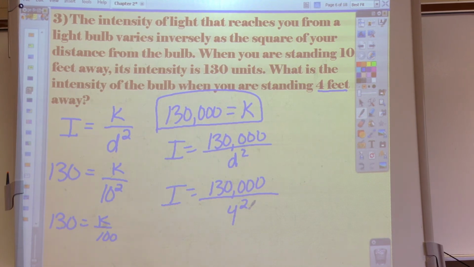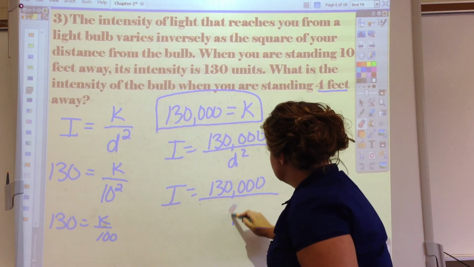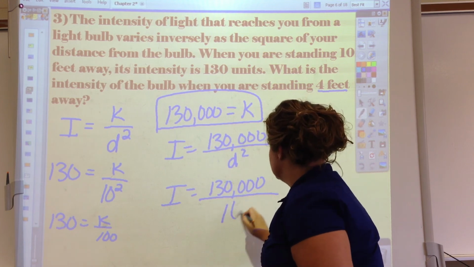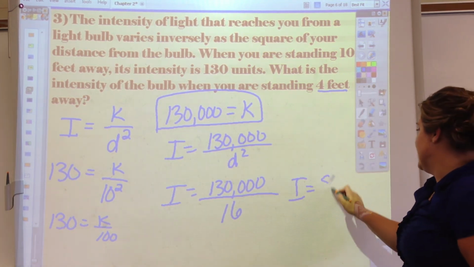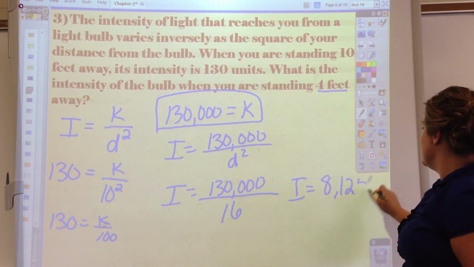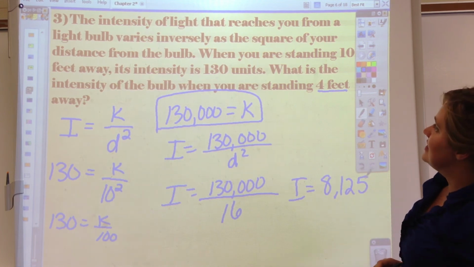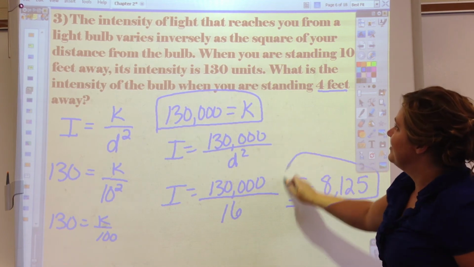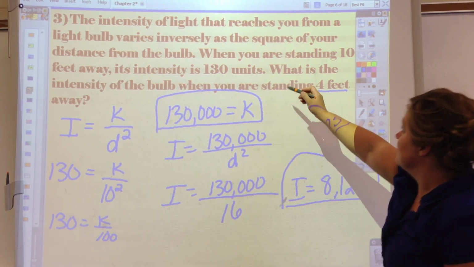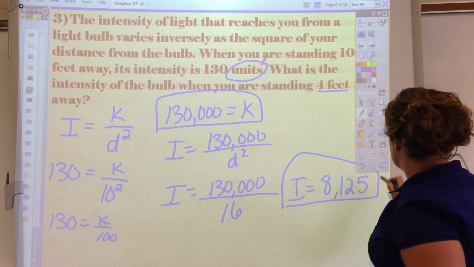And then we are going to divide 130,000 by 16. I get 8,125. I'm not really given any units in this question, so we'll just call it units.